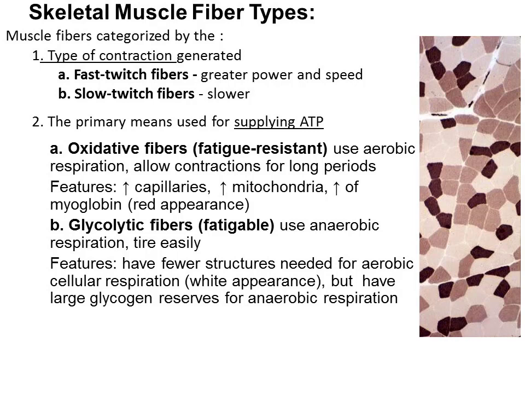Now the other type of fiber, these are going to be the ones that undergo anaerobic respiration. They provide some power fairly quickly, but they're not going to give you the endurance that you get with the oxidative fibers. So in this sense, we don't have a lot of capillaries there. We don't have a ton of mitochondria. But the one thing that you do have in these glycolytic fibers, what is lysis?